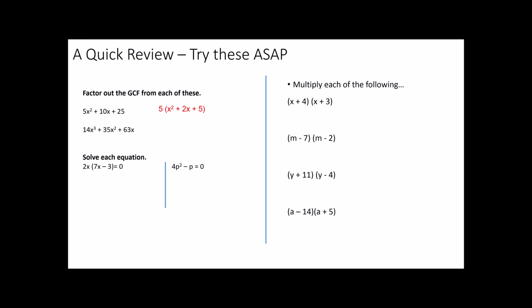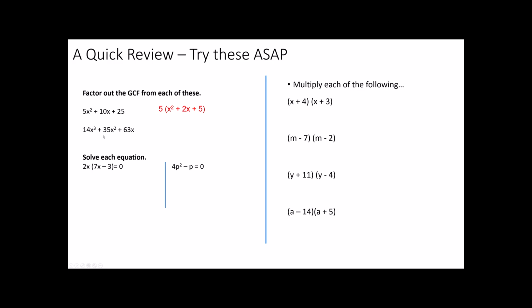And when we factor, we just pull out that 5. We say, well, this must have been the multiplication problem, 5 times the quantity x squared plus 2x plus 5. Notice if I use my distributive property and I pass the 5 out, I do get the 5x squared. 5 times 2x does give me the 10x, and 5 times 5 does indeed give me the 25.